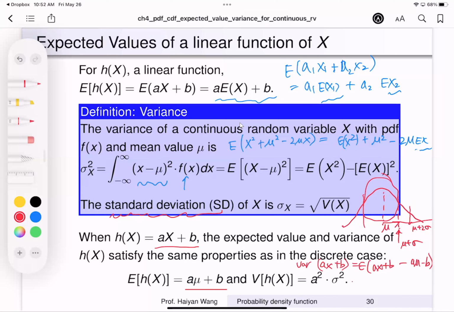So the b and b will cancel. You will have a squared come out, and E of x minus mu squared. Therefore, this becomes a squared times the variance of x. So for a linear function of x, the variance will have the squared coefficient a squared times the variance of x.